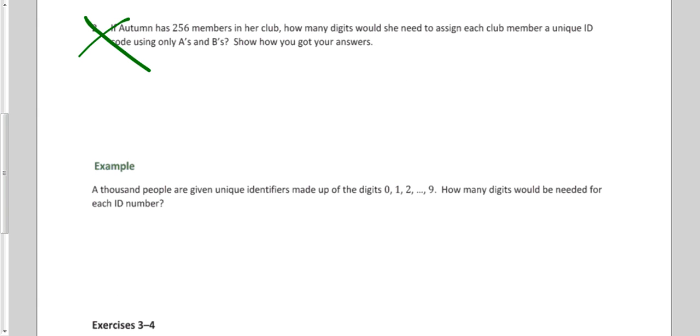We are doing this example and this exit ticket. 2 whole problems. You guys always say that, but then it's always like, hey, here's part 64 of problem 2.